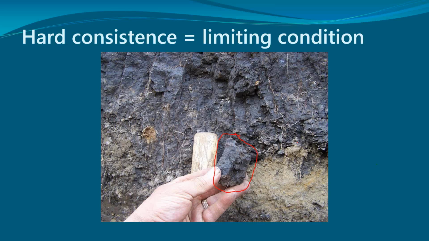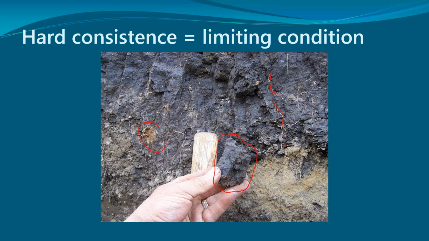That means that a trench or a bed would have to be 2 feet or 3 feet or 5 feet, depending on the type of system, above that stuff. Right? That's a limiting condition, even though it has some roots in it. Root growth is an indicator of seasonal saturation and so on, but this is a limiting condition just because it's hard.